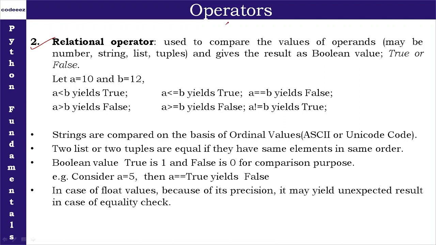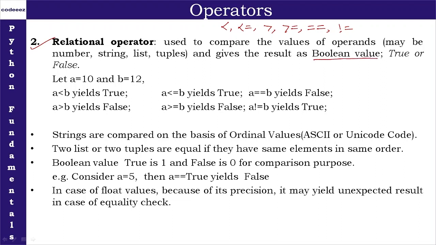Those operators are less than, greater than, less than or equals to, greater than or equals to, equals to, and not equals to. Basically, these are the comparison operators used to compare two values and return a logical result in the form of true and false, meaning it returns a Boolean value as a result, right?